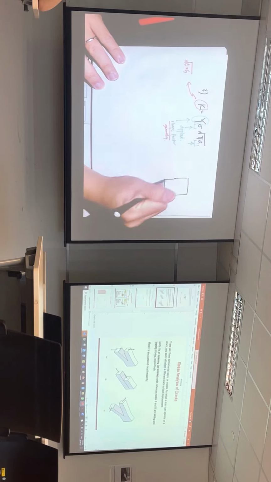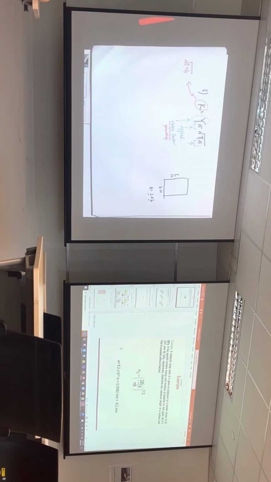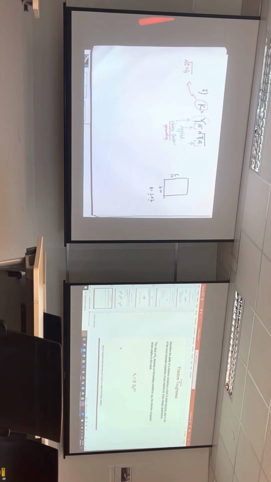If I call this a rectangle, this is length and this is breadth, area will be length times breadth. So this is actually in the dimension of the object. For example, this is 10, this is 12. Now, look at the way that I define the K.